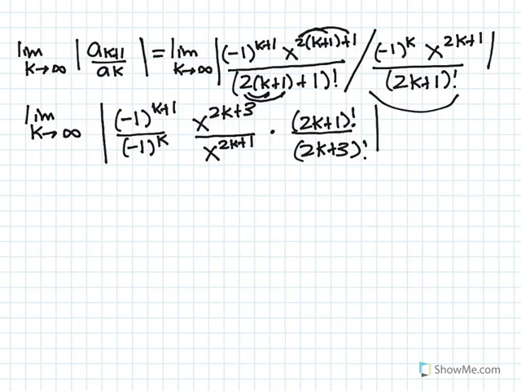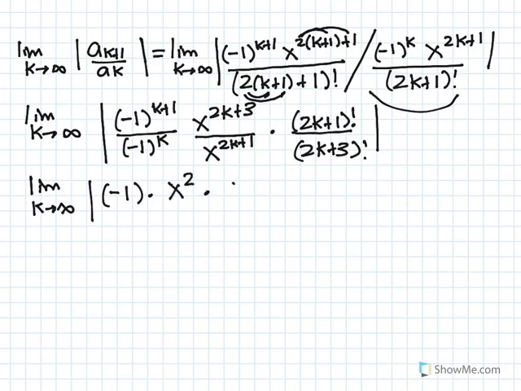All right, so let's simplify this. We get limit k approaches infinity, absolute value. Now, -1 to the power of k plus 1 divided by -1 to the power of k, we have the same base, subtract the exponents, so we just get -1. And x to the power of 2k plus 3 in the numerator, and we have x to the power of 2k plus 1, same base, subtract the exponents, and we get x squared.